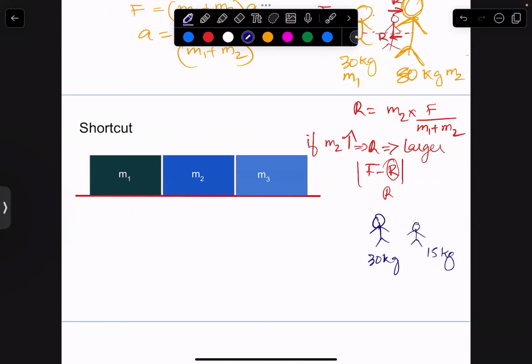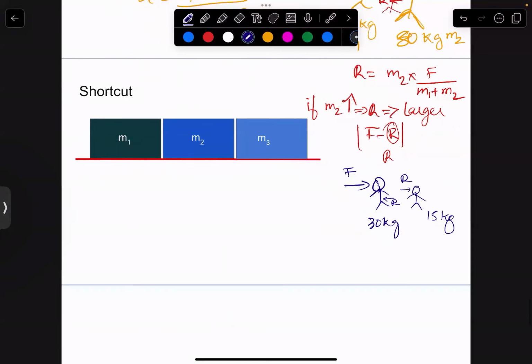And so this child is getting pushed by F, and it comes into contact with this child soon and exerts a force R, and this child will also experience a force R. And since the mass of this child is less, so M2 is less here, and the reaction force in the second case will be lesser than the first case.